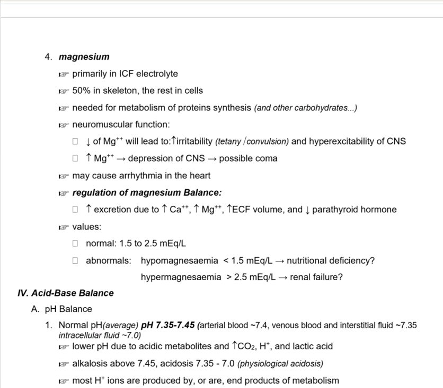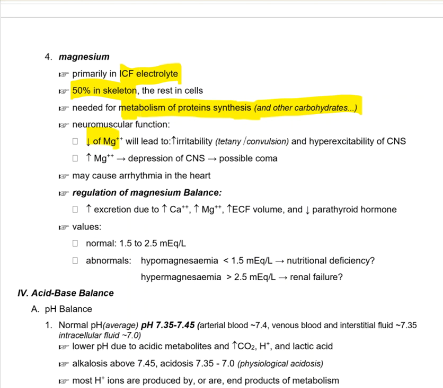Magnesium. So this is the one that we haven't really talked much about. It's seen intracellularly as an electrolyte mainly. Okay. A lot of it is in the skeleton, and the rest is inside the cells. It is used for metabolism of proteins and carbohydrates, and also synthesis of those. So to make proteins and carbs, to synthesize them, we see magnesium show up.